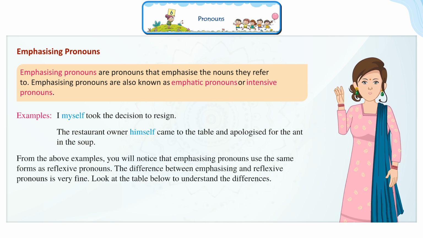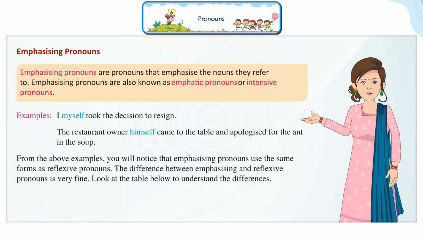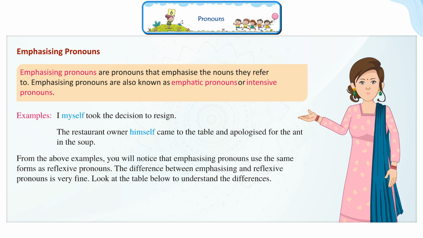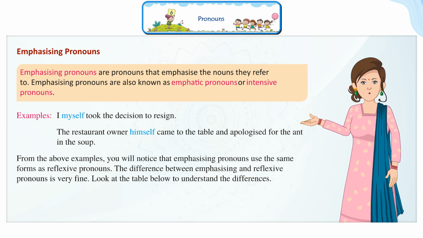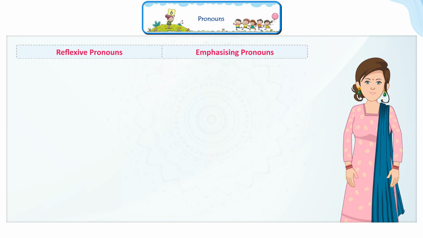From the above examples, you will notice that emphasizing pronouns use the same forms as reflexive pronouns. The difference between emphasizing and reflexive pronouns is very fine. Look at the table below to understand the differences.